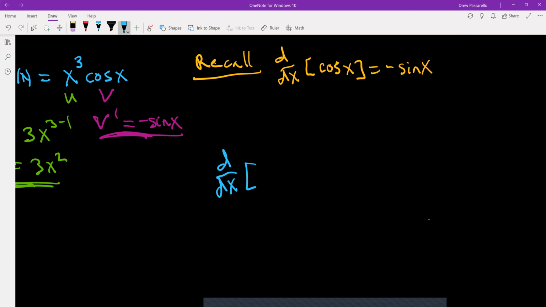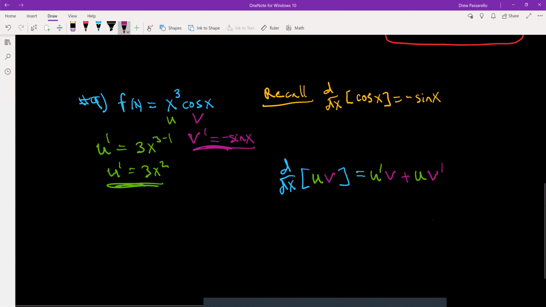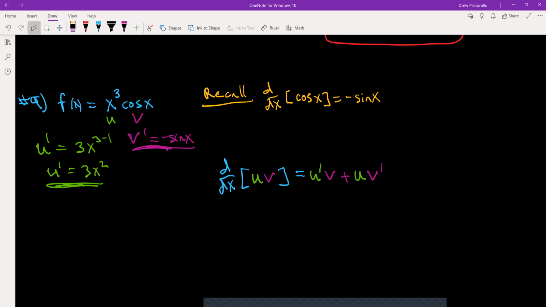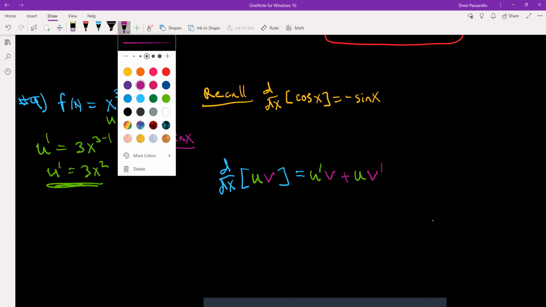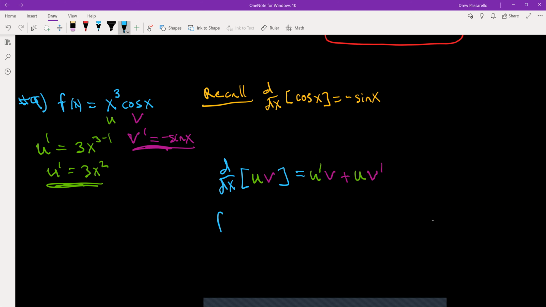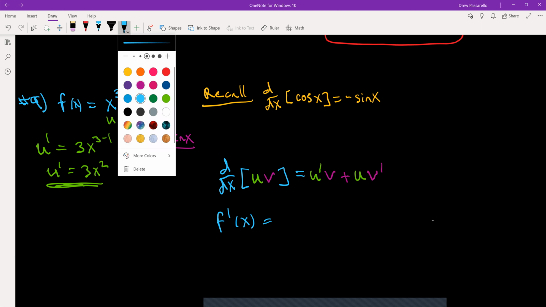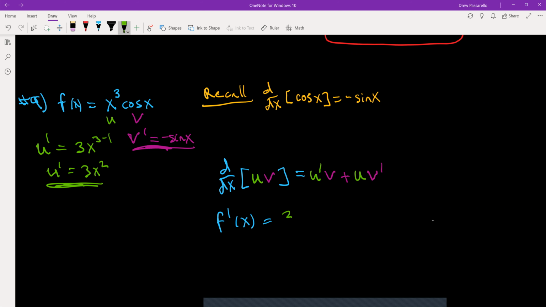Okay, so I'll pause it and then write the general product rule. All right, so I wrote the product rule down. Now I'm going to apply it to this problem. So f prime of x is u prime times v. Well, u prime is 3x squared. And v itself, well, I was letting v be cosine.